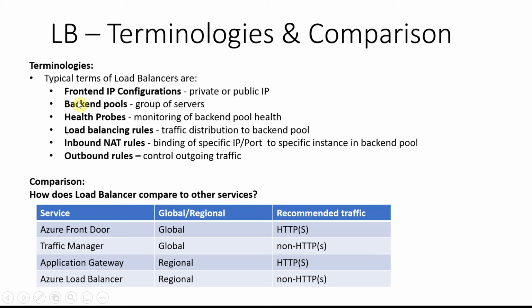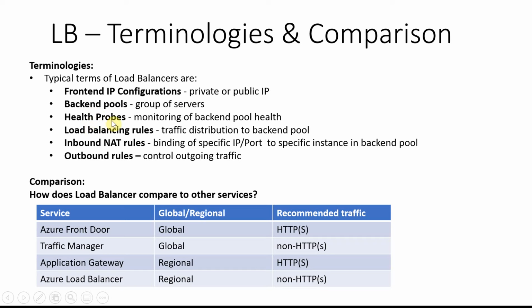are used, probably the front-end IPs, back-end pools, and health probes. The load balancer will have two sides. One is the front-end IP, which will have the public IP, and the back-end pool, where we'll have a group of VMs associated to it.